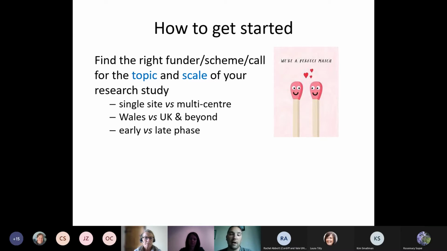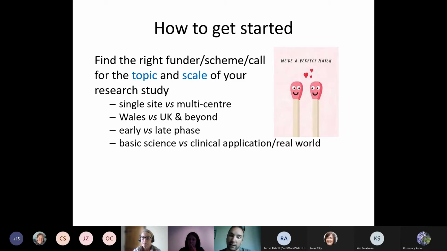Are you doing an early phase or a late phase study? By early phase, I mean developing an intervention, for example, or assessing the safety of an intervention, assessing the feasibility of running a trial, versus late phase would be more like gathering definitive evidence and something that's going to be practice changing potentially.